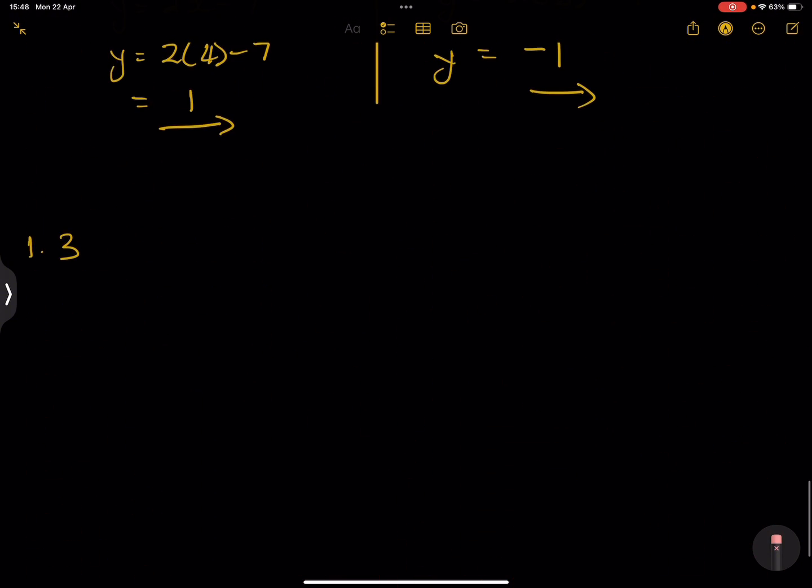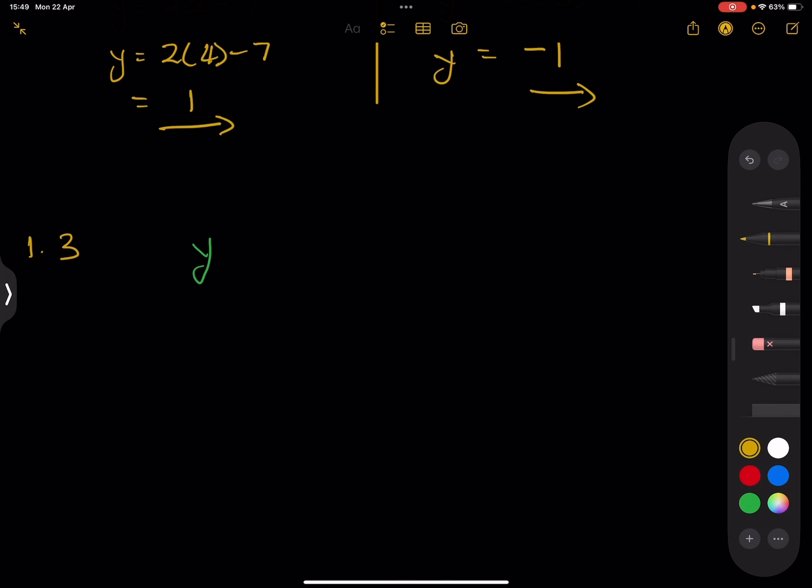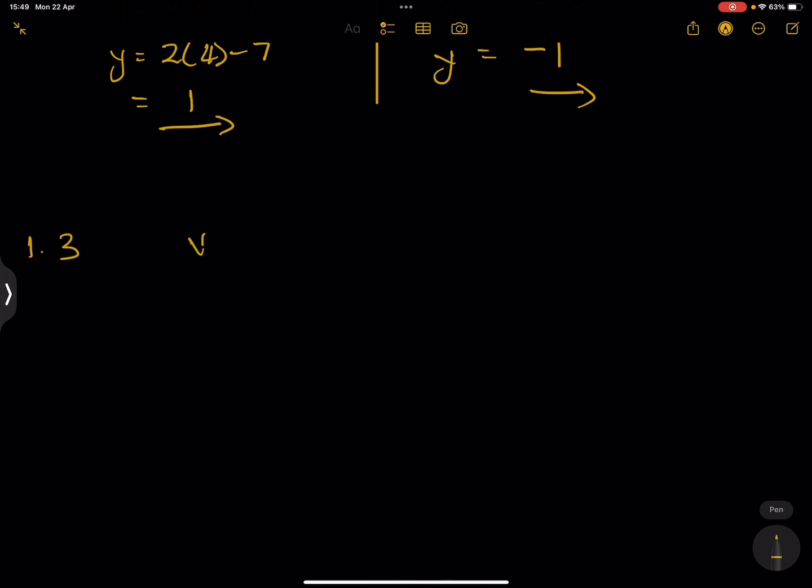So we've got y is equal to x plus 1 over x. What that does is that we can multiply throughout by x. Everything on the left and on the right hand side, we are going to multiply by x, and what I do on the left, I do on the right.